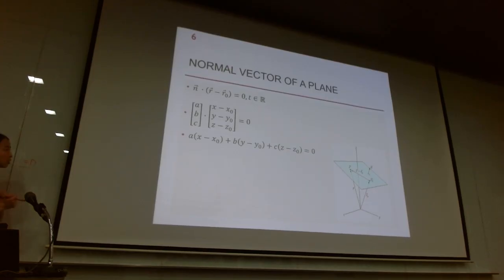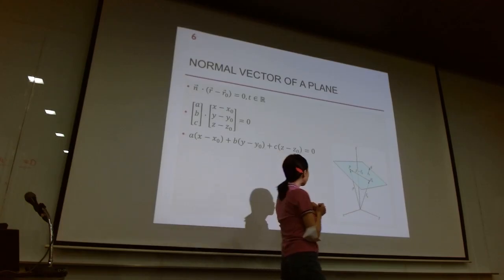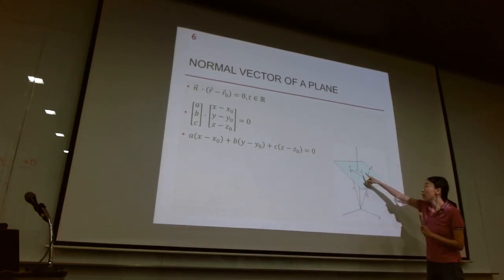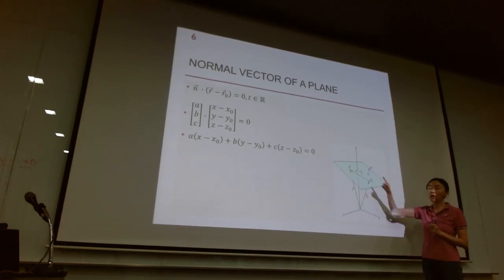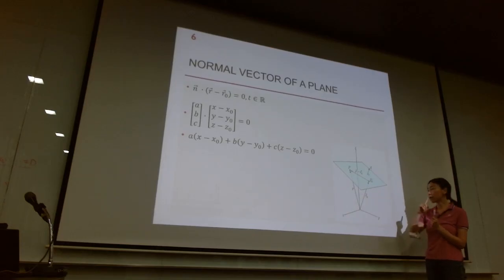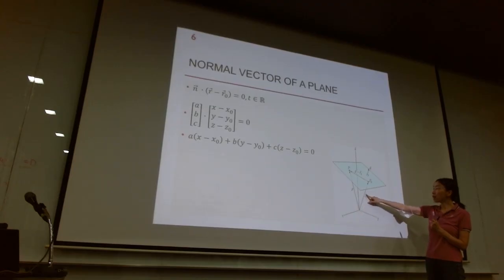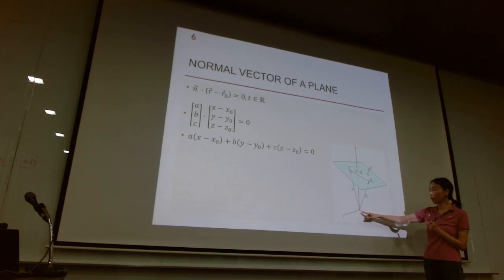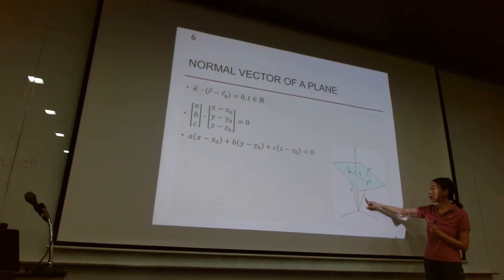What does this mean? We can see in this graph, r minus r0. What does this mean? Be careful, if I say r0, when I show it, we use r0 starting from the origin. So this r0 means the end point is in the plane. It does not mean the r0 vector is in the plane.